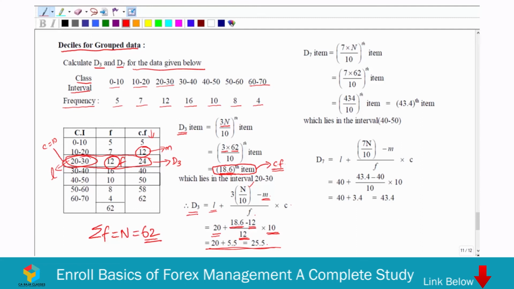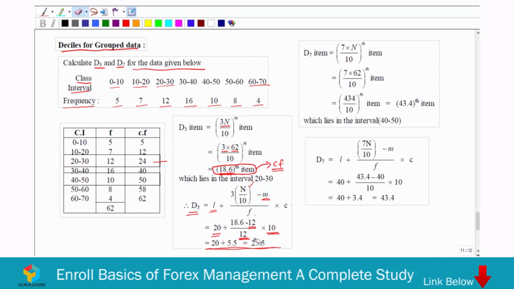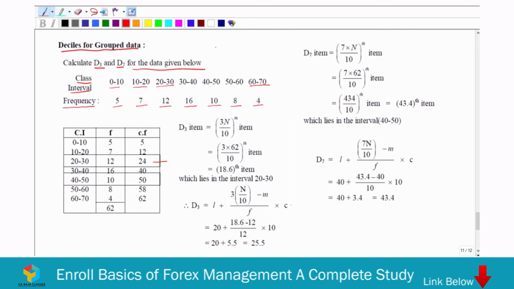So this is how we derive D3. The next step is to derive D7. For this we need a basic step: we have to find the seventh decile item. The formula is 7 multiplied by n divided by 10. We know n is equal to 62.